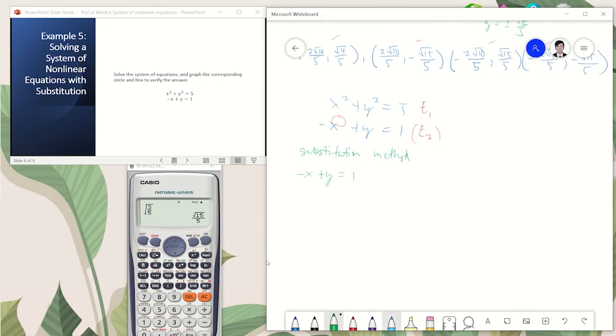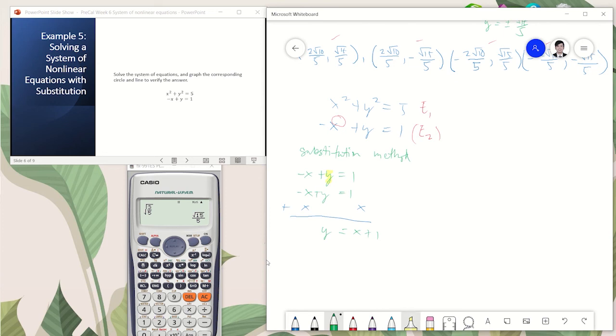Perhaps I'll isolate the y, so I have to add x to both sides. Just to be sure that you really understand what I'm doing, I'll show the details by adding x in here. So you will get y is equal to x plus 1.